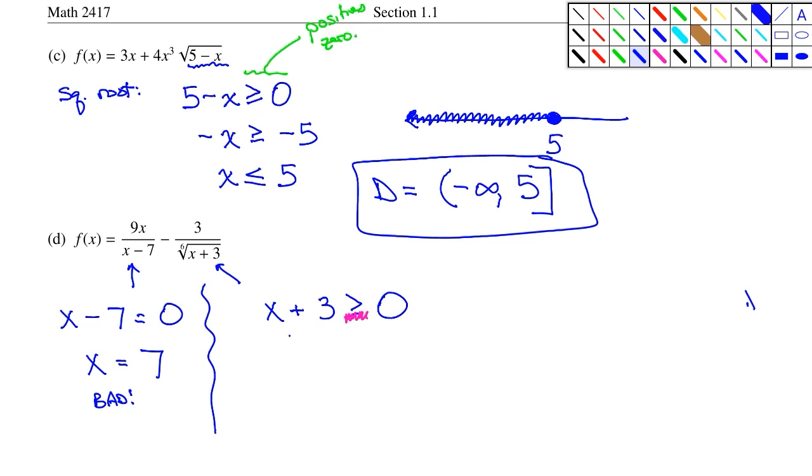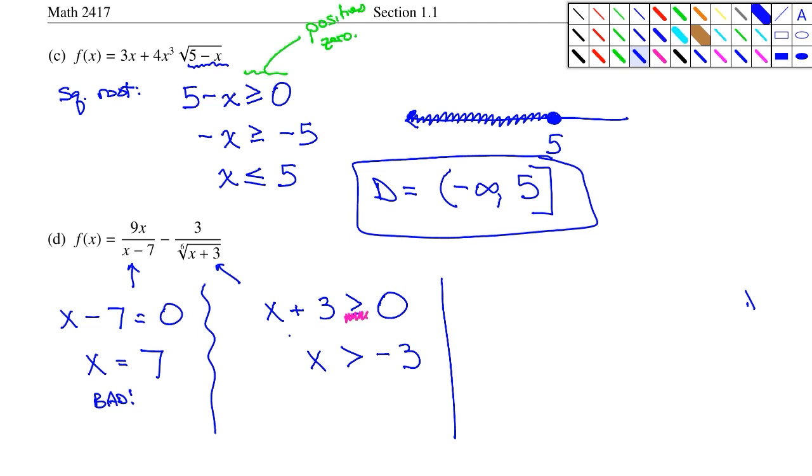So we have to have x plus 3 is greater than 0, and solve that. So we get x is greater than negative 3. So this one was the double. It had both the denominator and an even root in one piece. We had to accomplish finding the domain by incorporating both aspects of the domain rules.